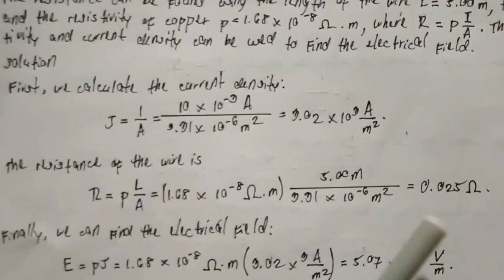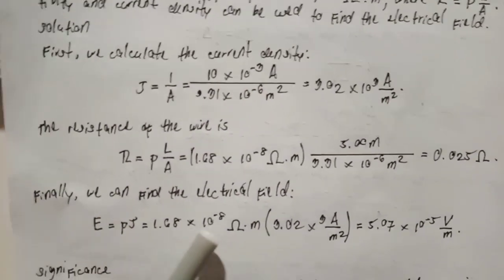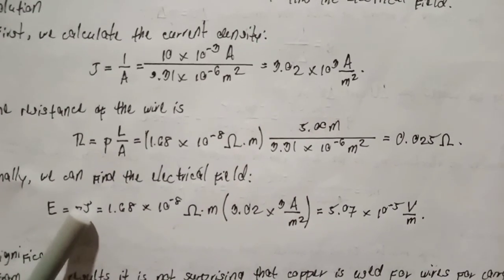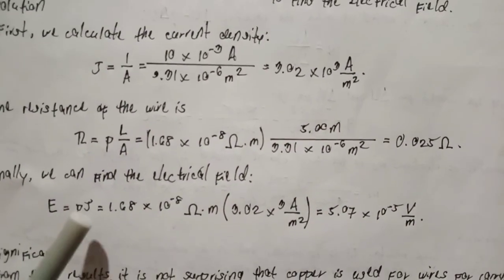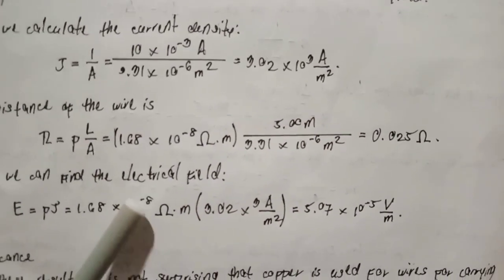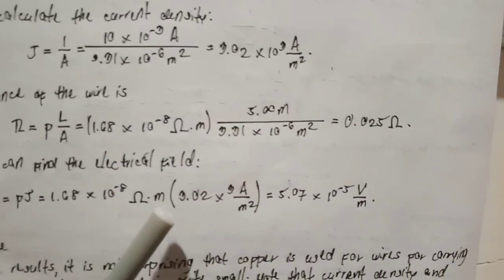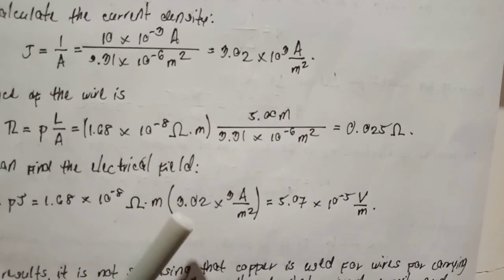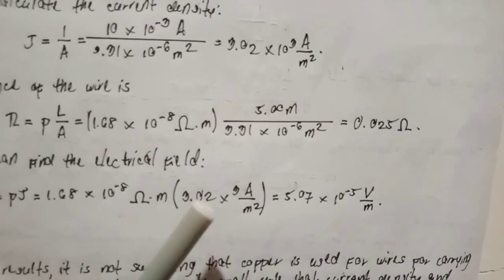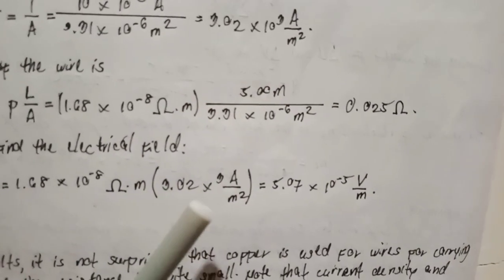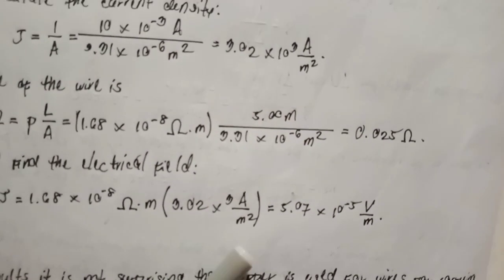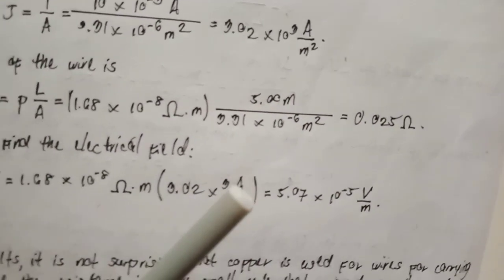Finally, we can find the electrical field. Electrical field is equal to ρJ, which is equal to 1.68 times 10 raised to the power of negative 8 ohm times meter, times the quantity 3.2 times 10 cubed amperes over meters squared.